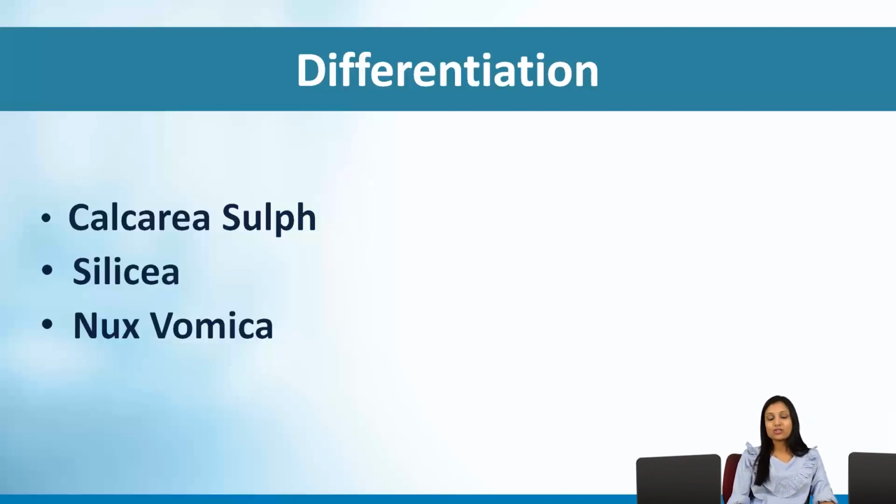So friends, this was the overall mental and physical picture of Hepar Sulph. This is how you can quickly extract a remedy from a patient. And the easiest way in which you can do that is if you remember the mental picture of a remedy, you can easily correlate it with the physical picture.